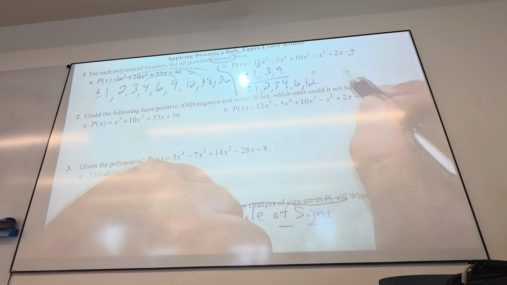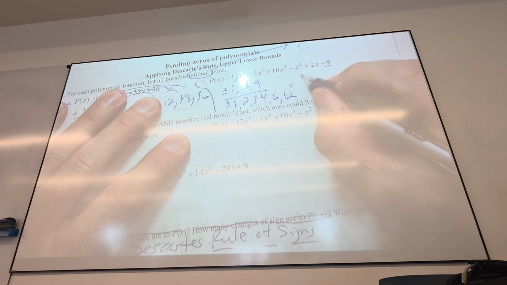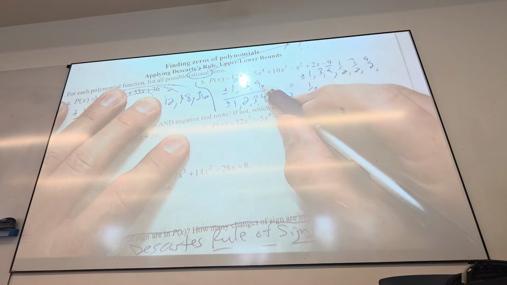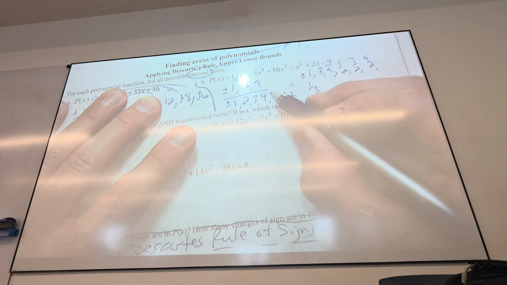And now I've got to make all the possible ratios. So it'll be 1, 3, 9. I take each one and divide it by 1. Take each one and divide it by 2. Take each one and divide it by 3, but 3 over 3 I've got, 9 over 3 I've got. Take each one divided by 4. Oh my God.